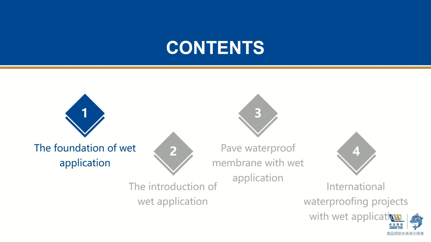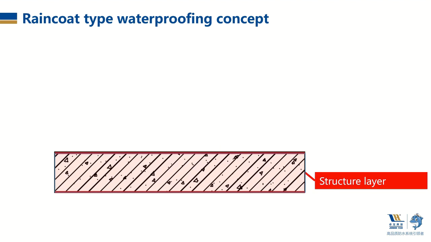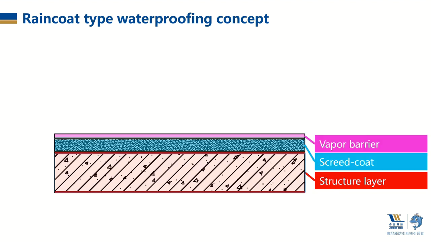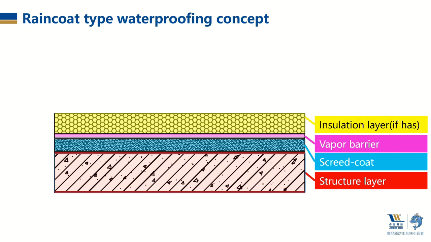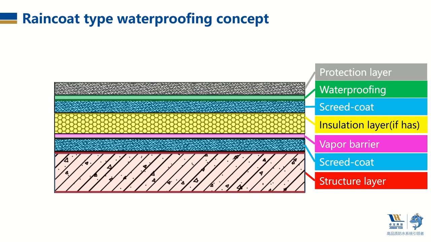At first, let me introduce the foundation of wet application. Let's look at the traditional roof structure. From the lower to the upper, the structures are structure layer, screed coat, vapor barrier, insulation layer, screed coat, waterproofing layer, and the protection layer.